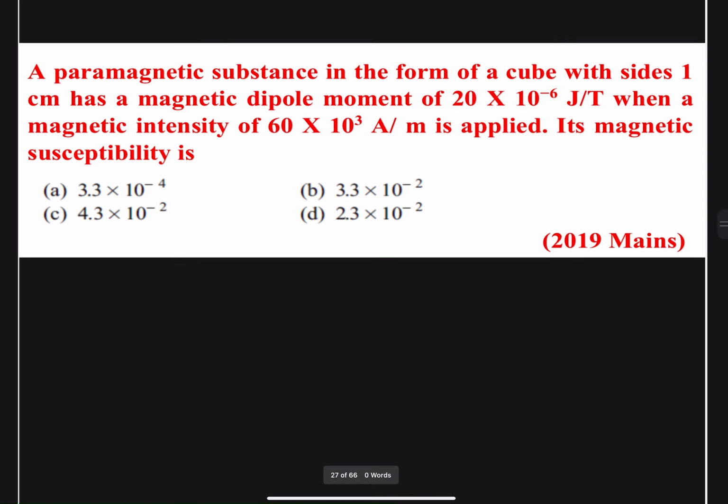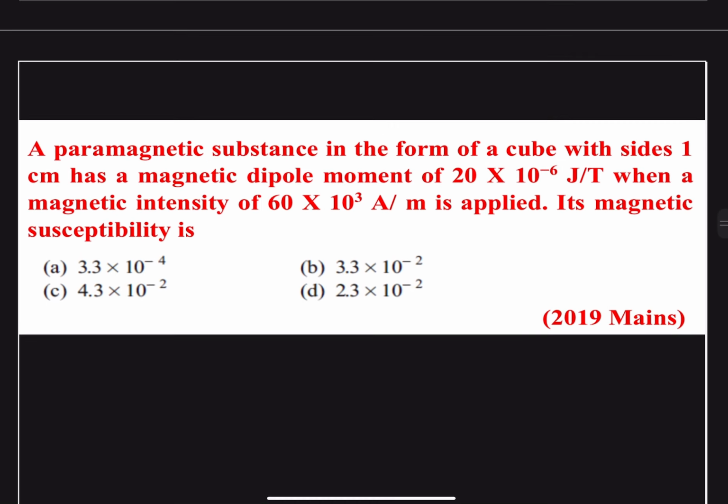We come to the next question, and it states that a paramagnetic substance in the form of a cube with side 1 centimeter has a magnetic dipole moment of 2 into 10⁻⁶ when a magnetic intensity of 60 into 10⁻³ is applied.